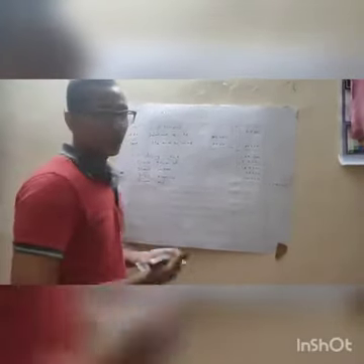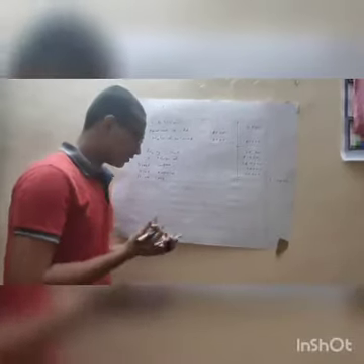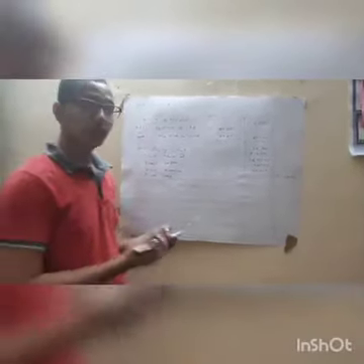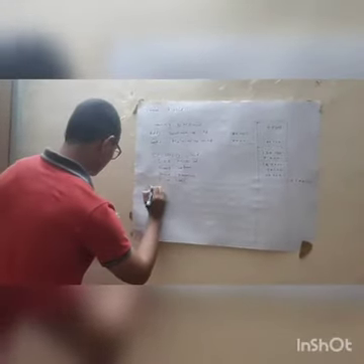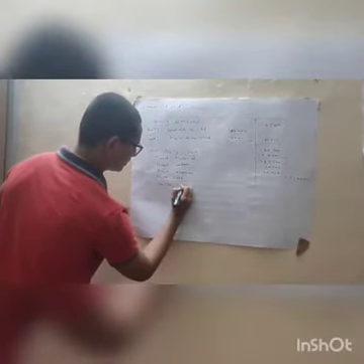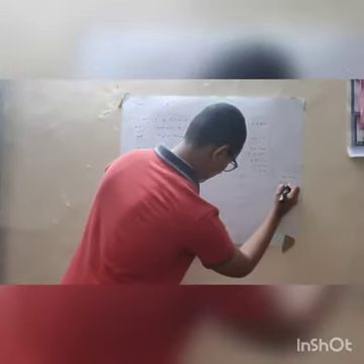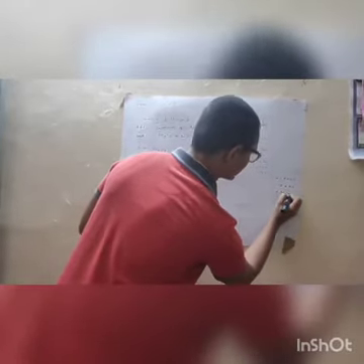After that, we have to add the factory overhead, administrative overhead, and selling overhead. In the question, they told to find out the profit. First, we have to add the factory overhead, which is 15,300, and we get 2,32,300.